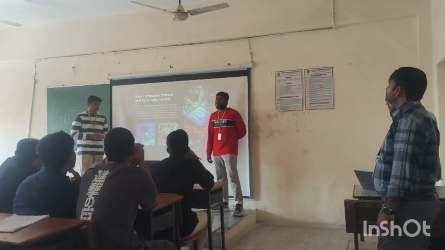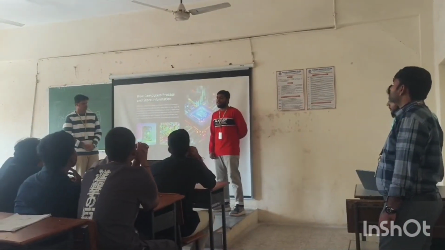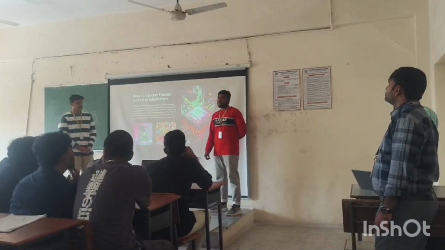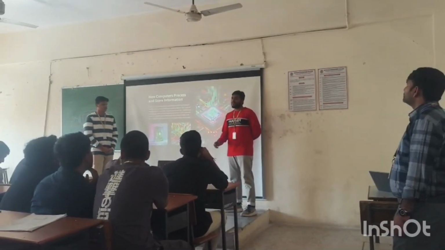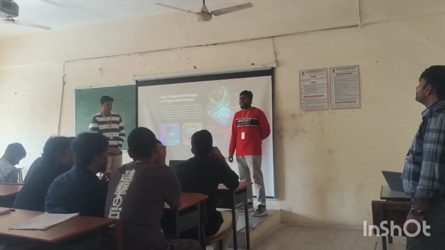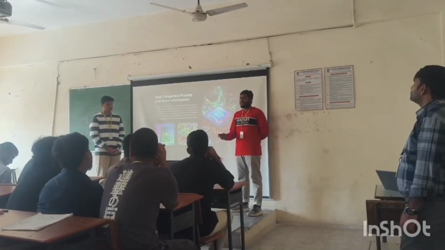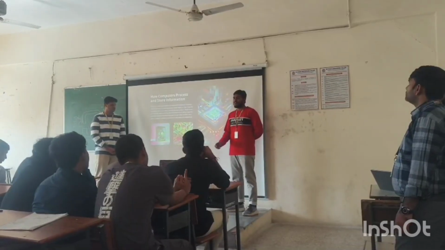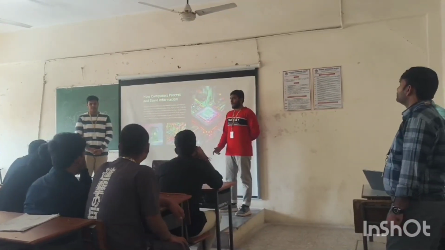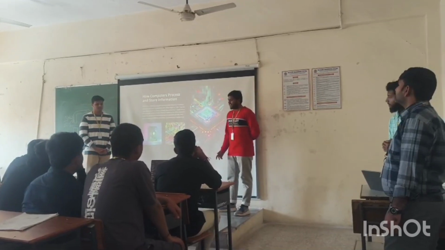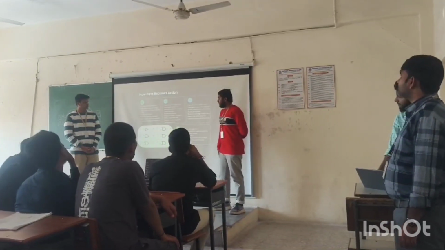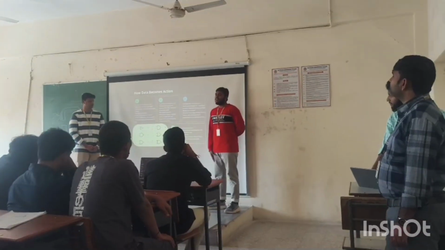Now let us see how a computer actually processes information. First of all, the computer uses a combination of bits to process the information. Bit is the short form for binary digit. These are the smallest units of information inside computers. Bits have two values, zero or 1.